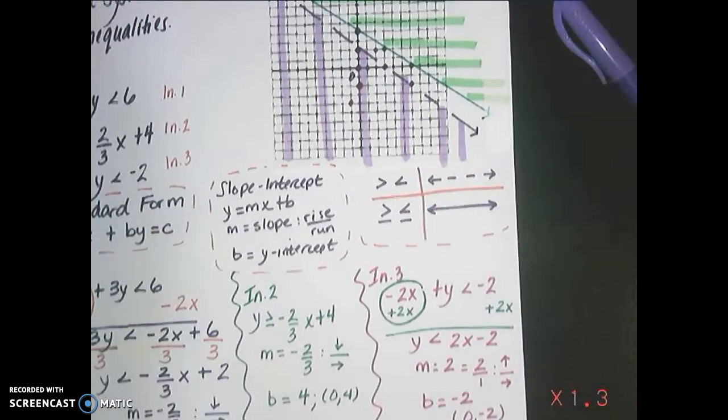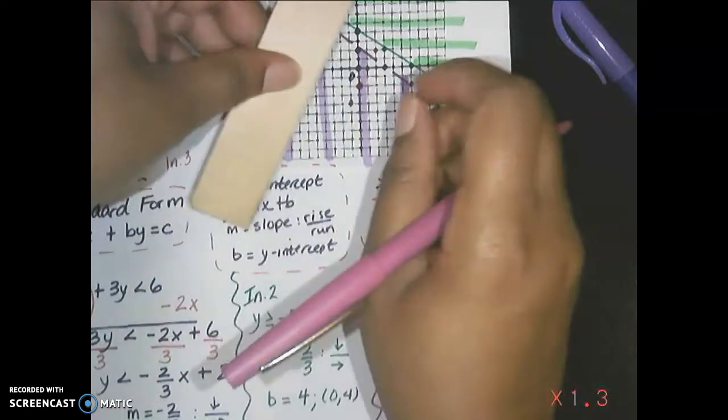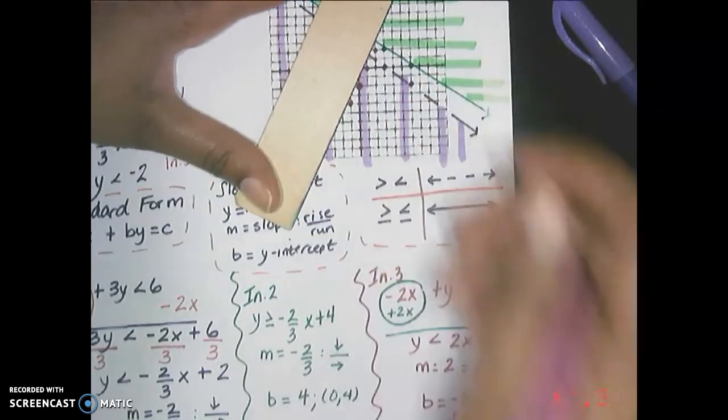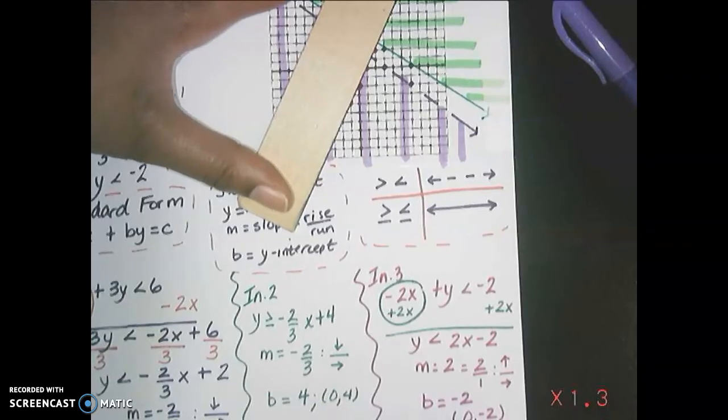This is a less than sign, so that means we're going to have a dotted line. Let's draw our line as best we can. It's going to be a dotted line. Oh, my gravy.